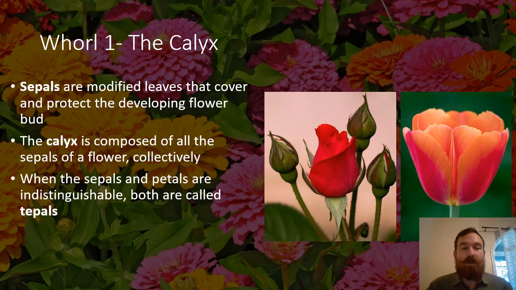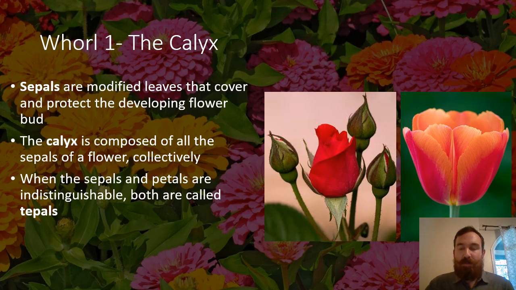This is actually a word of Greek origin, and it's the same root that the word chalice is derived from. Chalice, as in a goblet or a cup. And it's because the calyx makes up this goblet or cup which surrounds the developing flower bud, protecting it.